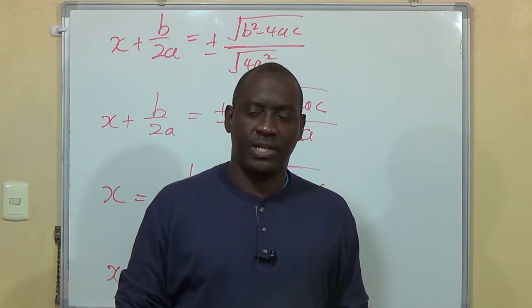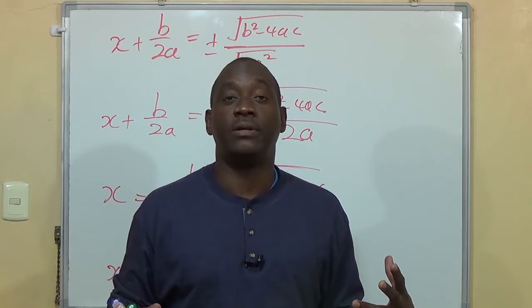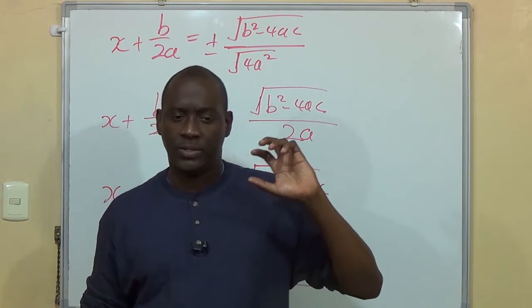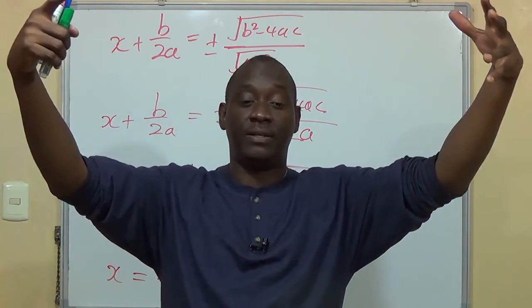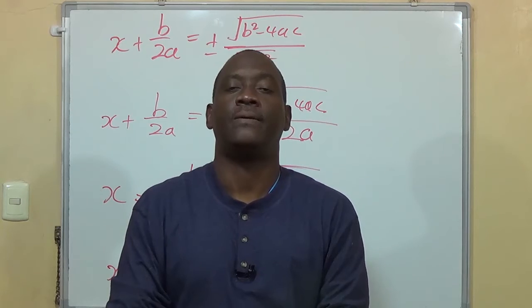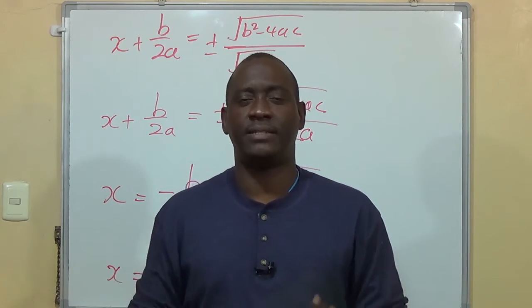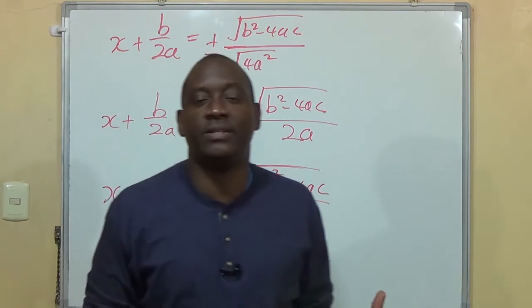A proof is usually a much more elaborate and involved bit of mathematics, usually at a higher level than the level that you're operating at. So don't get too caught up in the jargon and the semantics. Just see this for what it is: we're showing you how the thing works.